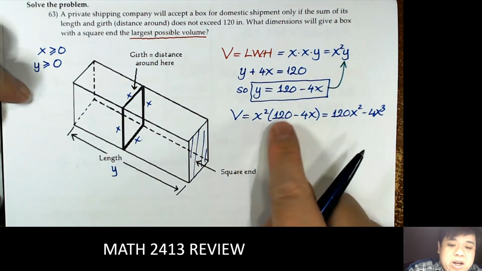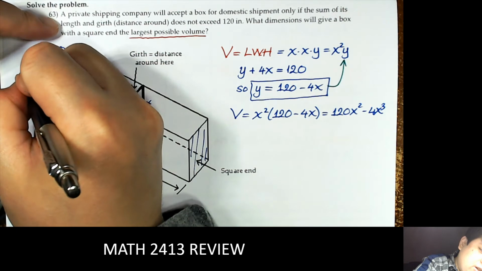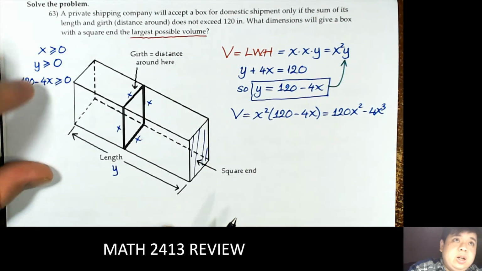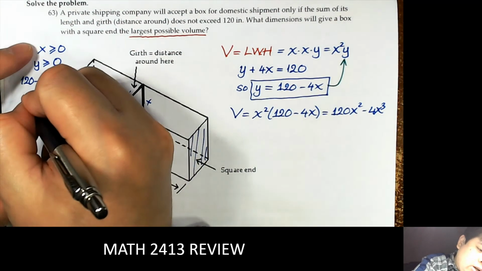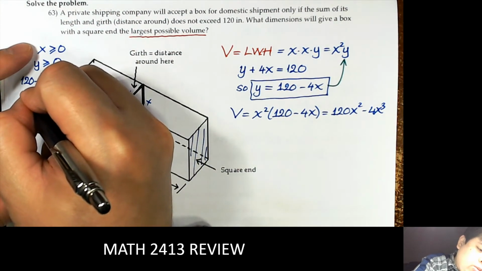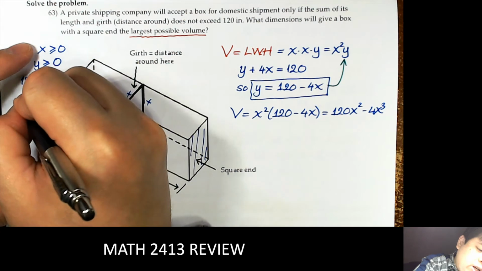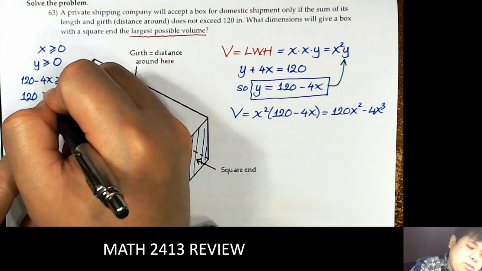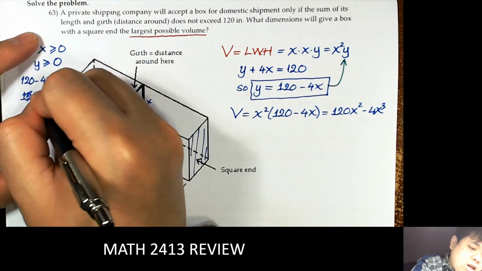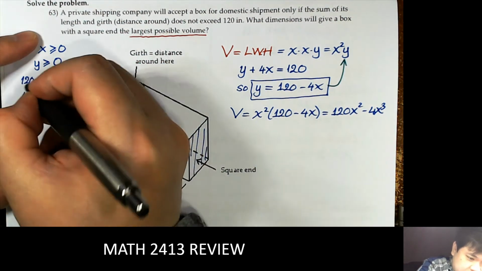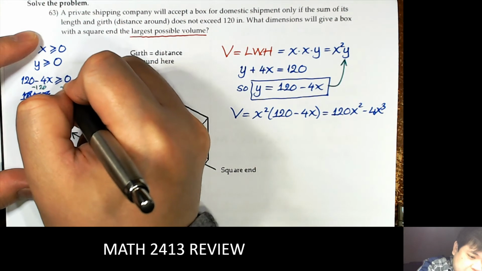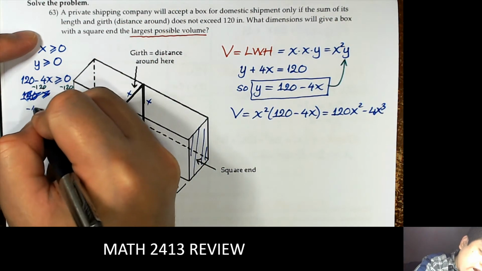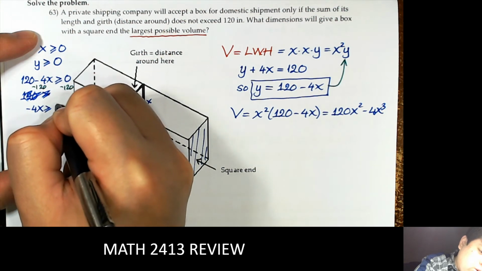But remember, y equals 120 minus 4x. So that has to be greater than or equal to 0. Move the 4x over, or just subtract 120 on both sides. It's better that way. So we have negative 4x greater than or equal to negative 120.